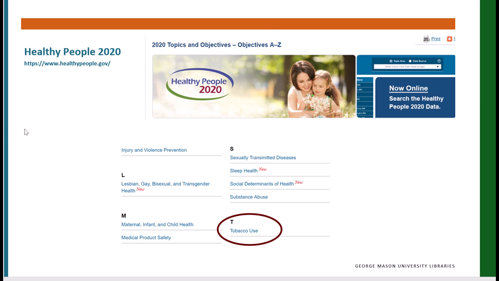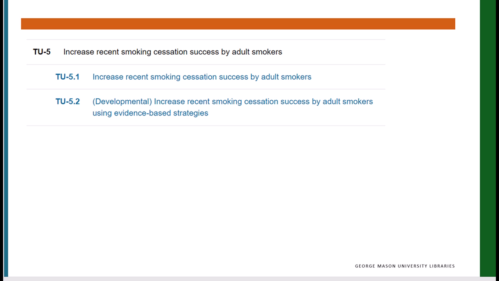So for this particular search project, I'm going to be looking at tobacco use as one of the Healthy People 2020 topics. When I go into this, tobacco use is very big, and I drill down, it talks about increased recent smoking cessation successes by adult smokers.